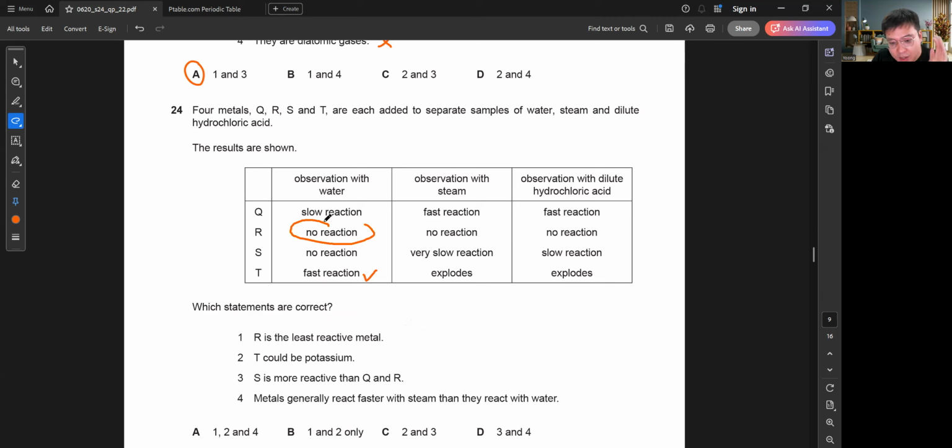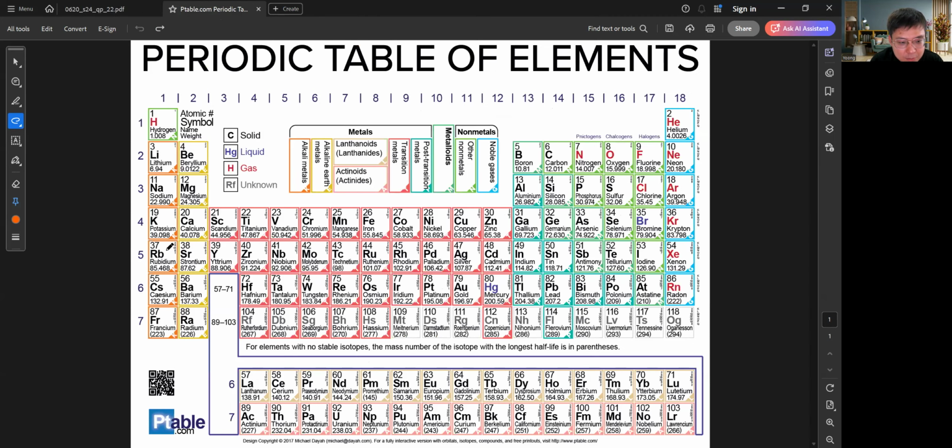And then R here, so let's look at number 1. R is the least reactive metal. That makes sense because everything that it mixed with, there was no reaction. So yeah, I think it's safe to say that it's the least reactive. T could be potassium. So let's go back to group 1. Potassium is group 4. It's neither the most reactive nor the least reactive. Let's come back here.